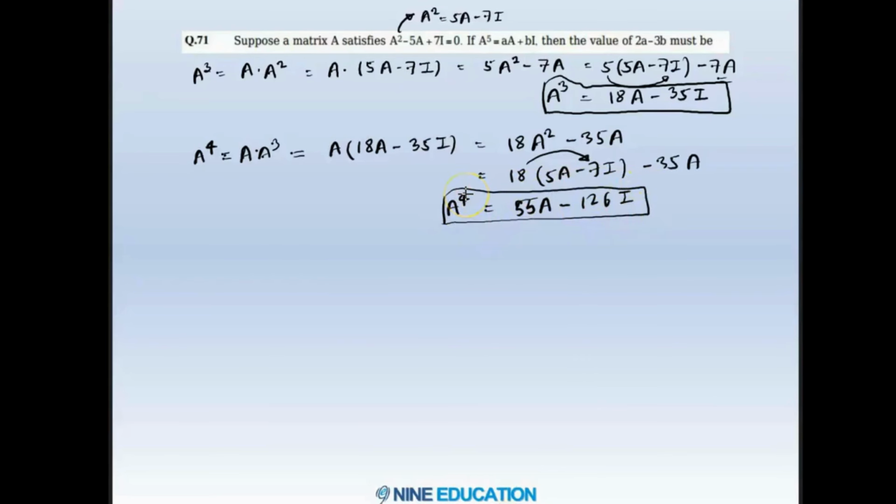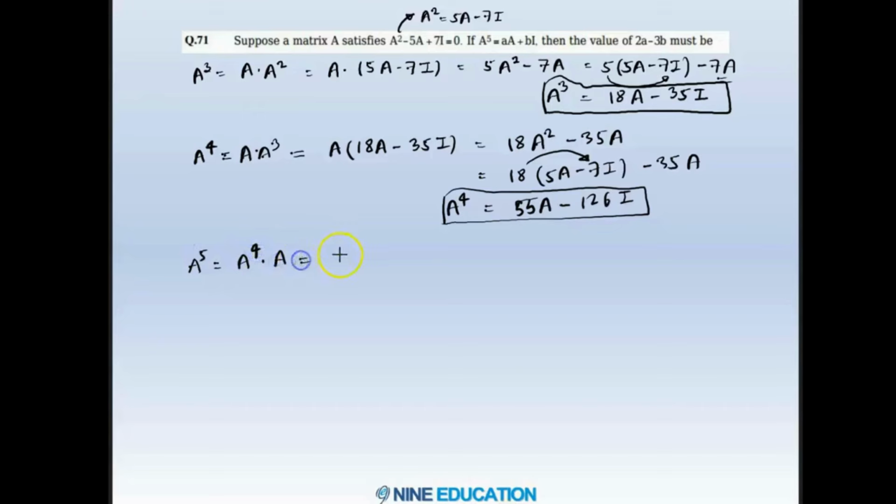Now we have to reach till A power 5. So one more calculation we have to do. A power 5 is nothing but A power 4 into A. So that will give us 55A square minus 126A. Okay.